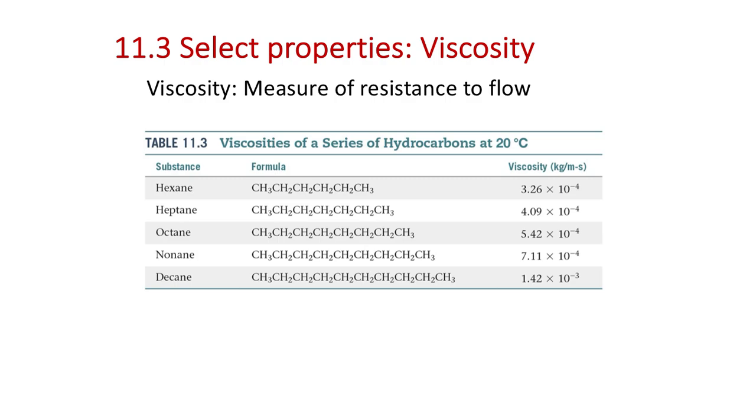One of those is viscosity. Viscosity is the measure of the resistance to flow. So the higher the viscosity, the more resistant to flow the liquid is. Molasses has a high viscosity.